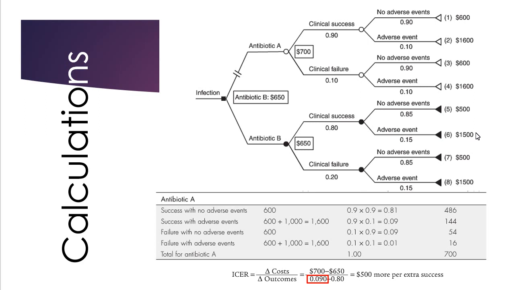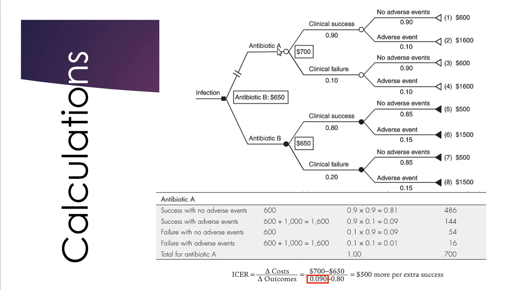However, the difference between antibiotic A and antibiotic B is the probability of success. You'll see that these probabilities are listed just below the state. It can either be there or here on the side, but by convention it's usually just below the state name.